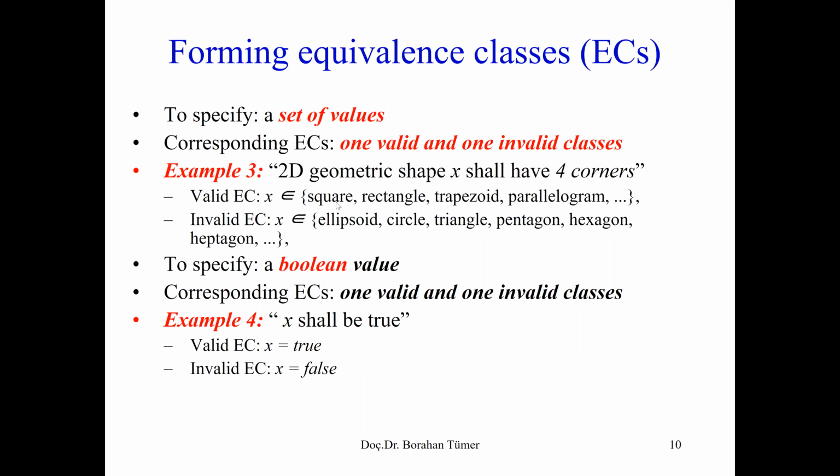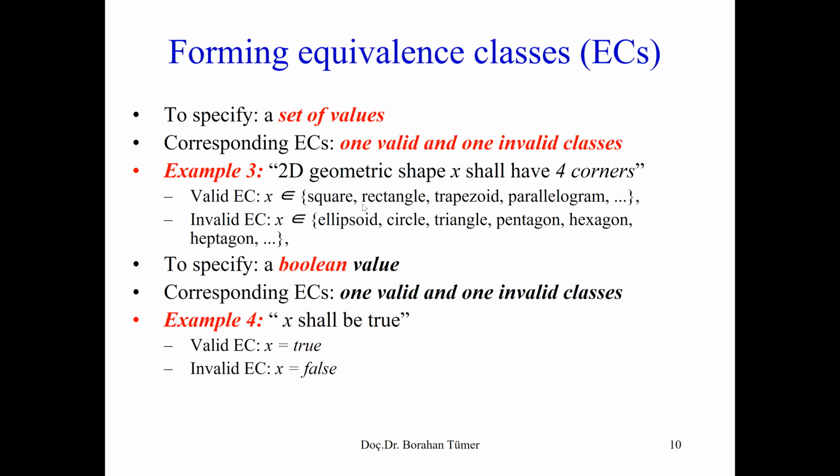It may be a square, it is composed of squares, rectangles, trapezoids, parallelograms, etc. Each of these geometric shapes has four corners. So these are all within the valid equivalence class.